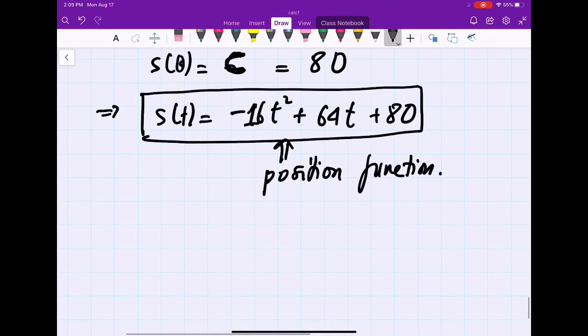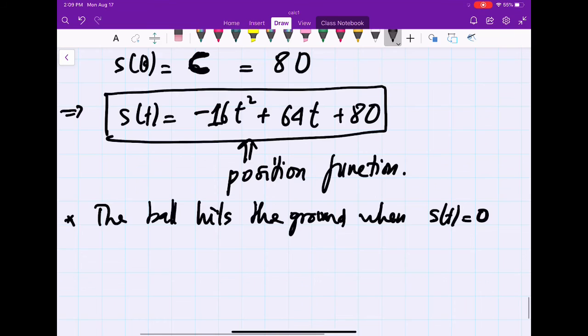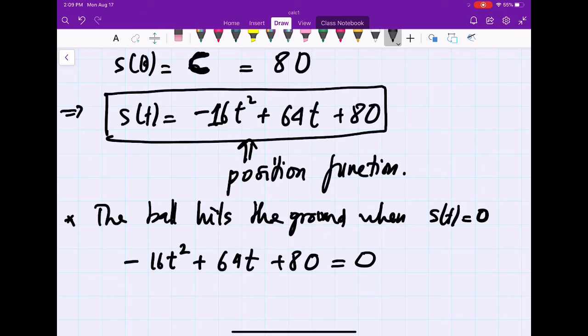The second question they ask us is when the ball hits the ground. So the ball hits the ground when s of t equals 0, when the height is 0. So I just put negative 16t squared plus 64t plus 80 equal to 0, and I solve for t.